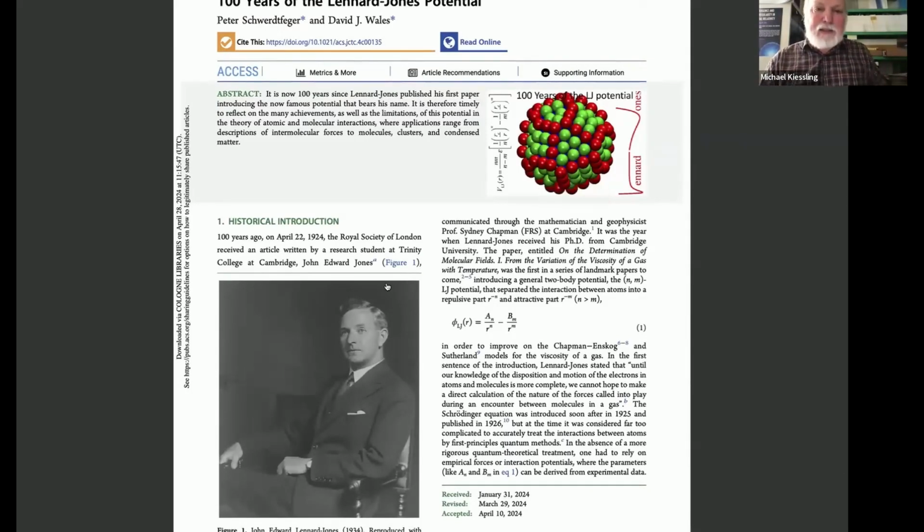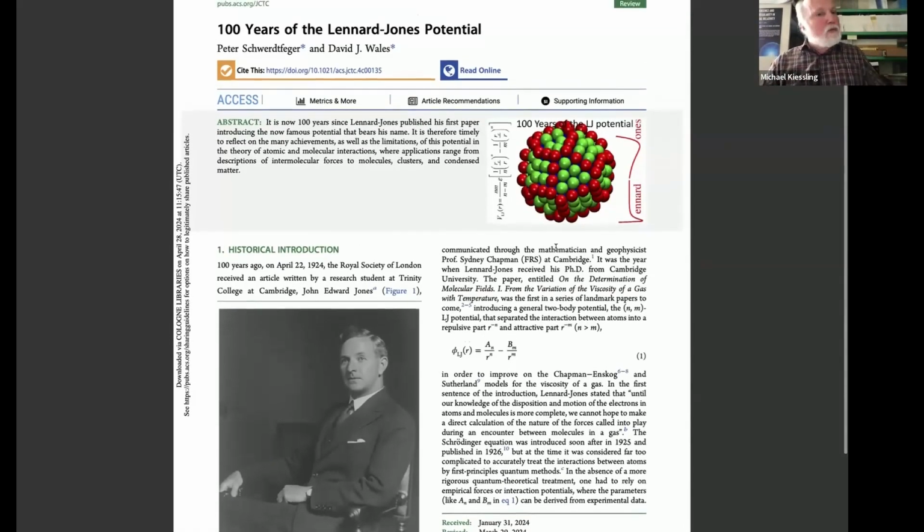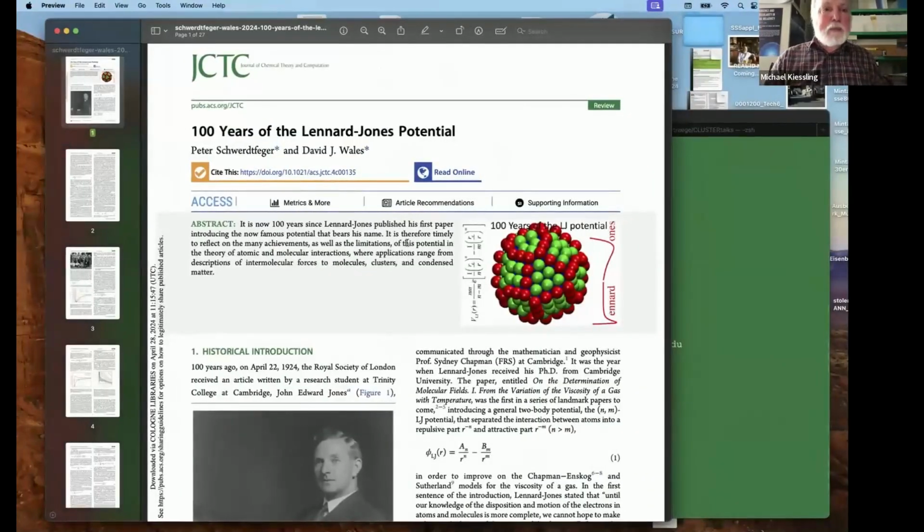That's not anything that he did back then, that's impossible at the time. This is computer generated. I really can recommend this paper. It's not very long. It's a celebratory paper about this 100-year event, and it has more than 450 interesting references. It's written by two theoretical chemists, and that's just an advertisement for this paper.